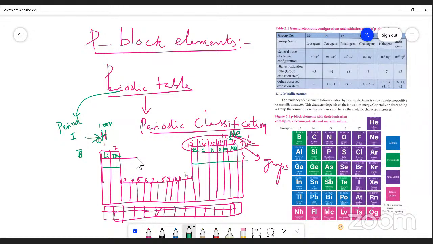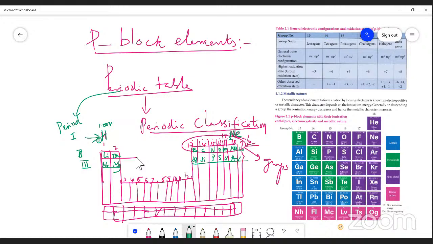Neon has atomic number 10. Then it starts with sodium 11, magnesium 12, aluminium 13, silicon 14, phosphorus 15, sulfur 16, chlorine 17, argon 18. This is what we have studied as the third period.